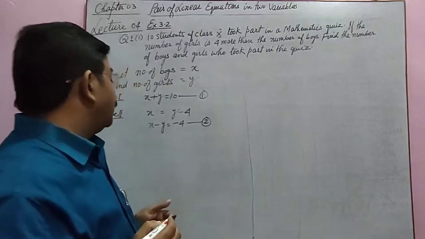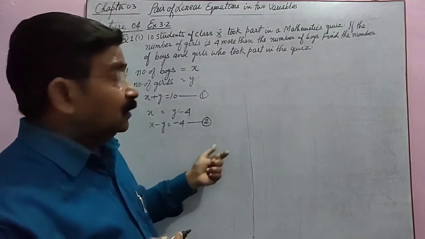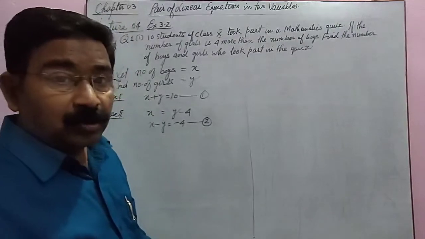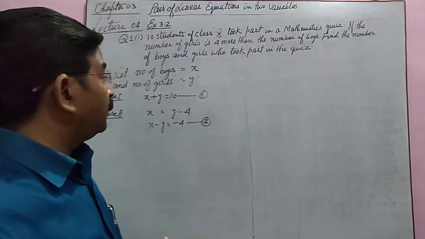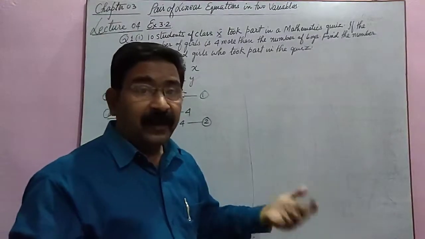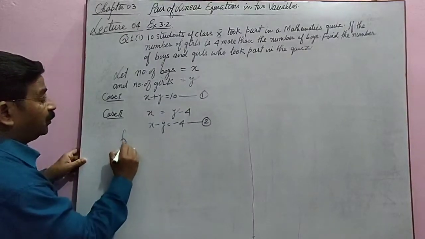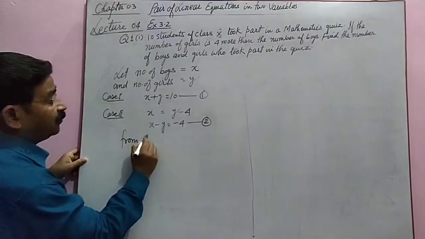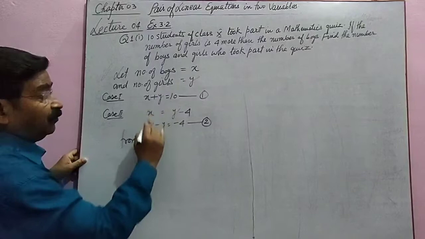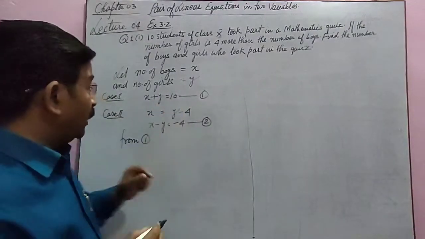So we have got two equations. With the help of the equations we have to solve graphically. How to solve? We have to find the points for equations 1 and 2, plot the graph and get the answer. Let's see how to write. From equation number 1, we can take the value of any of the variables in terms of the other.